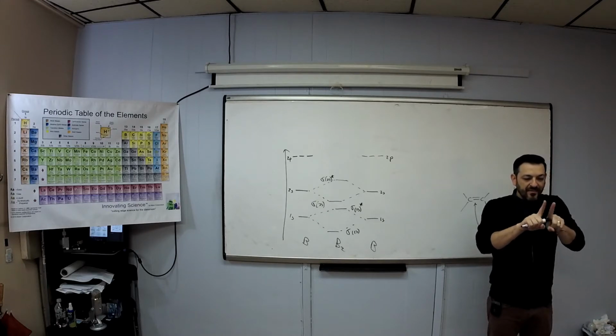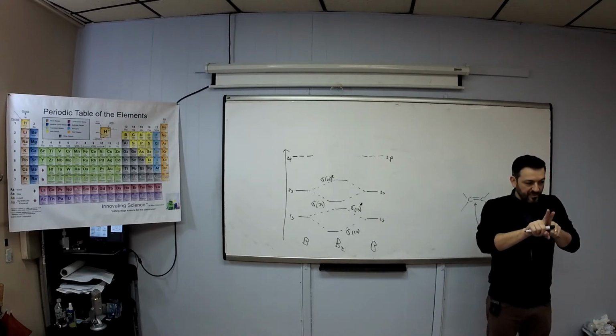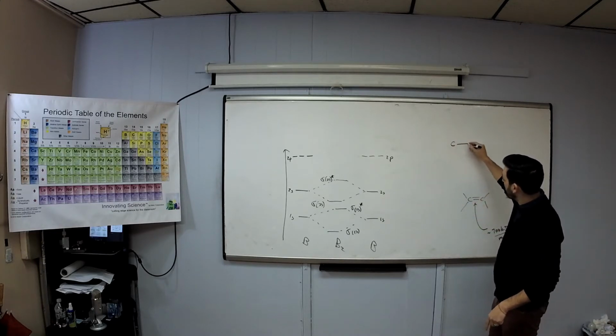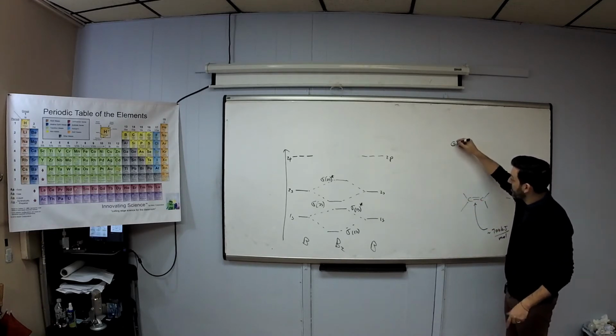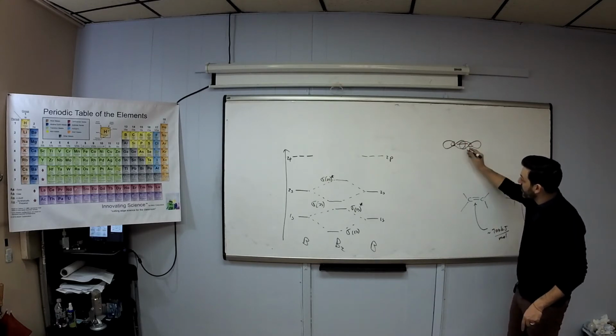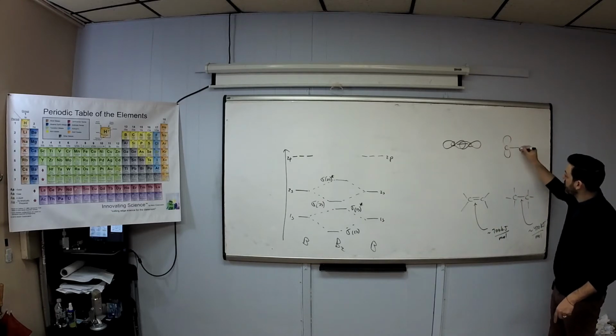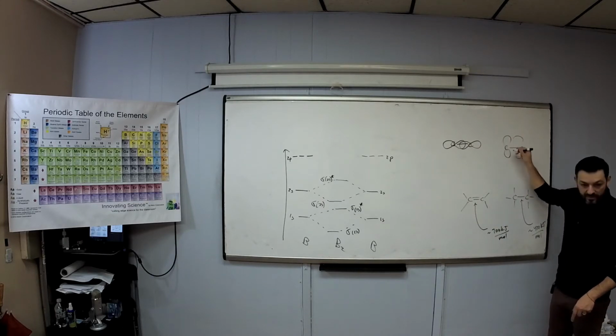But it's much less of an overlap with the two lobes and two lobes versus one lobe and one lobe. When you have a carbon atom and a carbon atom sigma bound with p orbitals, let's say, it looks like that, where the p orbitals are heavily overlapped. And when a carbon and carbon are pi bound, it's only somewhat touching.